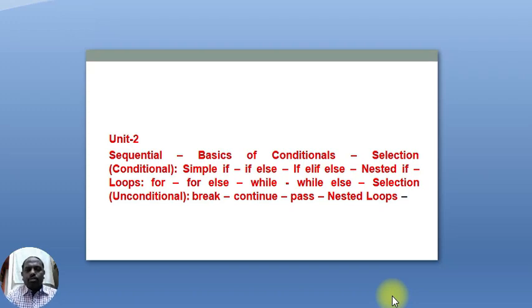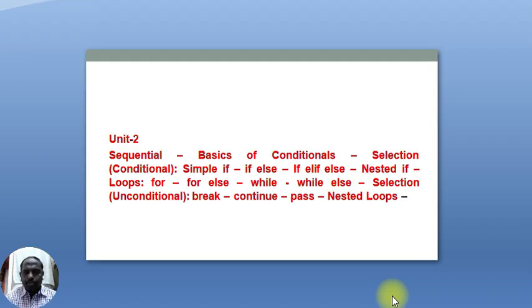Students, in this video we are going to discuss Python programming Unit 2. In this unit, we are going to discuss the topics: conditional statement, selection statement, and loop statement.